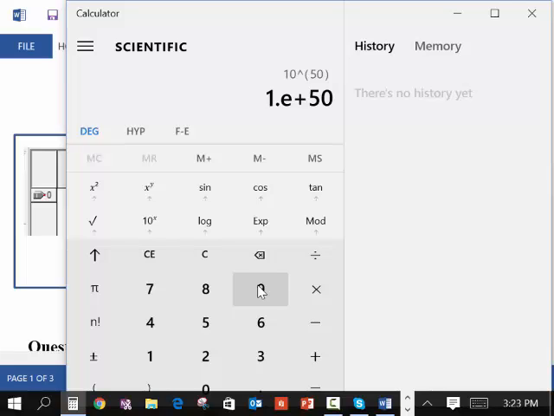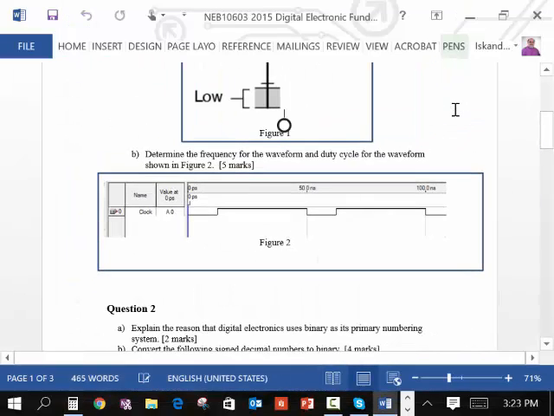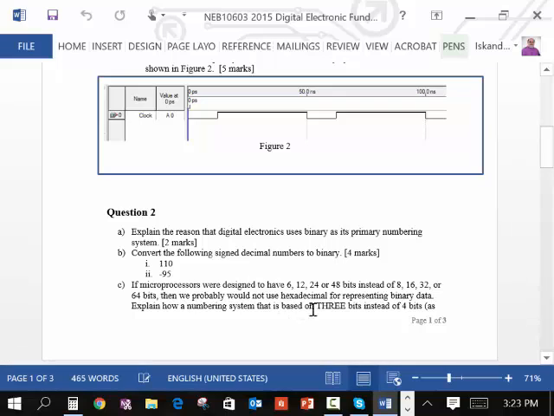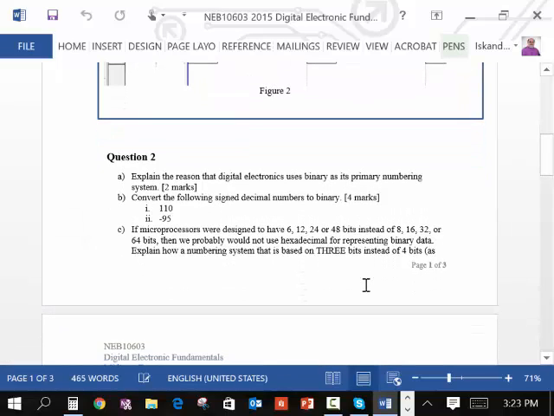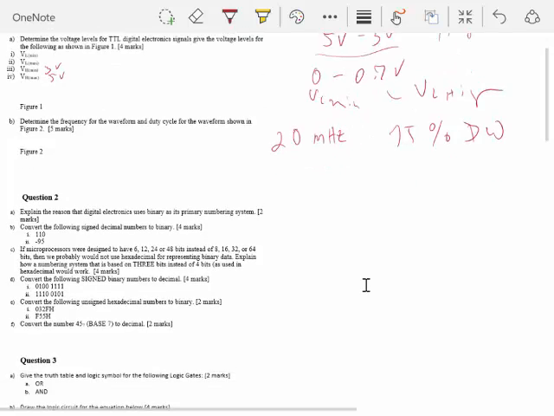You said 20 megahertz? Yeah, okay. And why am I fighting with my calculator? 20 megahertz is right, and these calculators definitely out there. So let me just write that down here as we go back. So this was 20 megahertz, 75% duty cycle. All right, question 2.